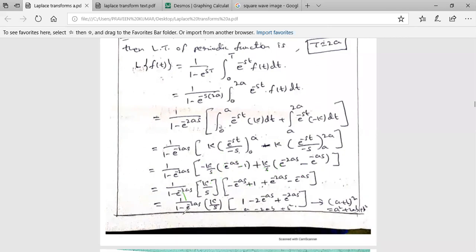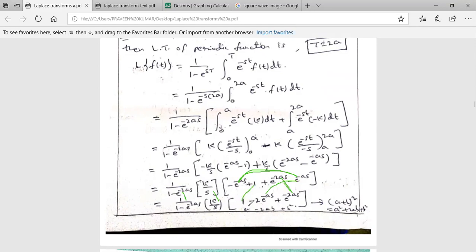So this is as it is, 1 by 1 minus e power minus 2as, k by s. Now this is something in the form of a square minus 2ab plus b square. Look at it. I'm adding minus e power minus as minus e power minus as, which can be written as minus 2 e power minus as.